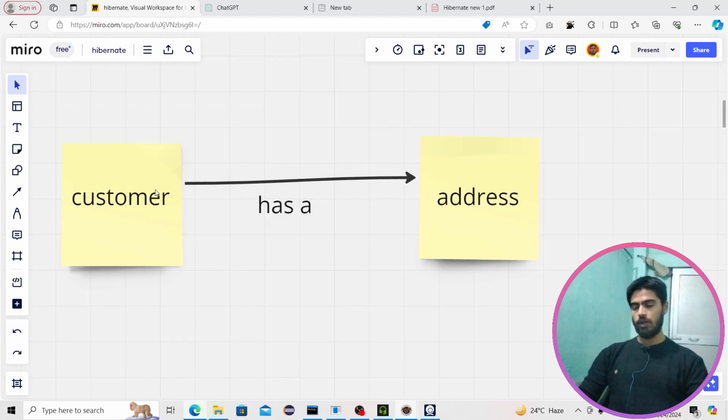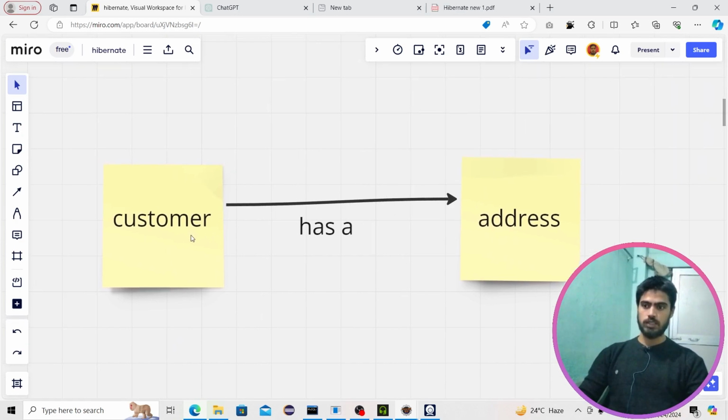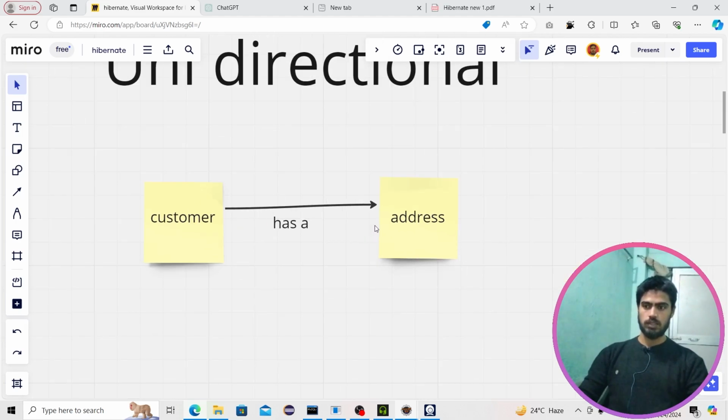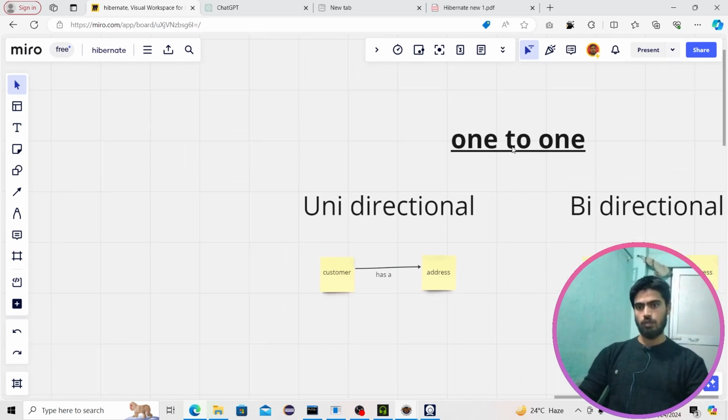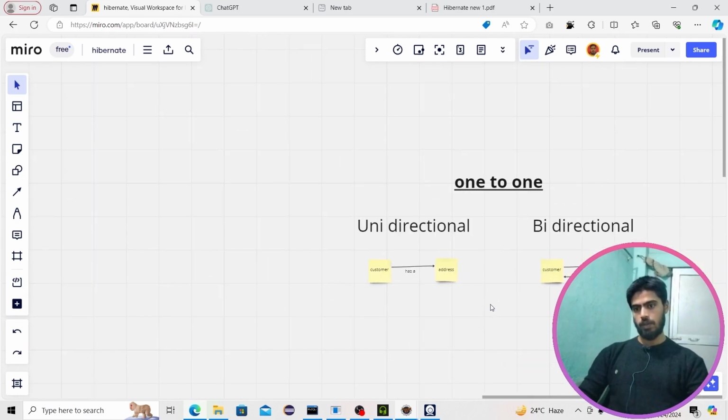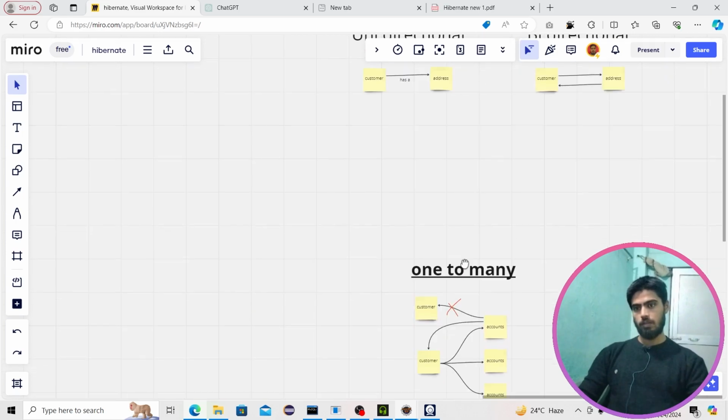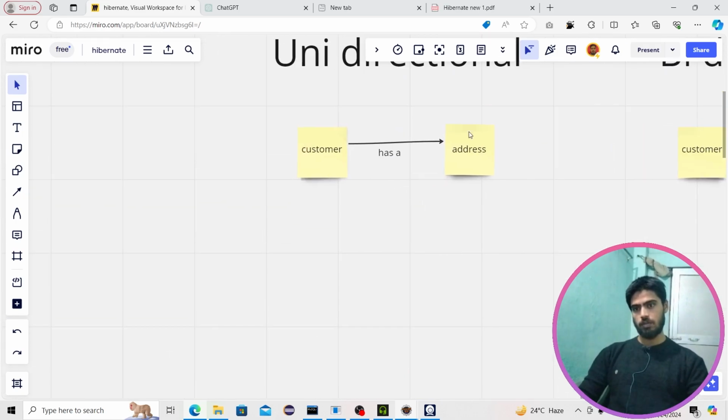One address cannot belong to multiple customers. So from both sides, one customer can have a single address, and one address always belongs to a single customer, not multiple customers. So it is one to one from both sides. So it is one-to-one mapping. Remember the example, customer and address.